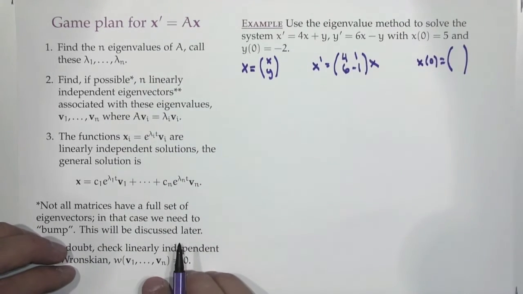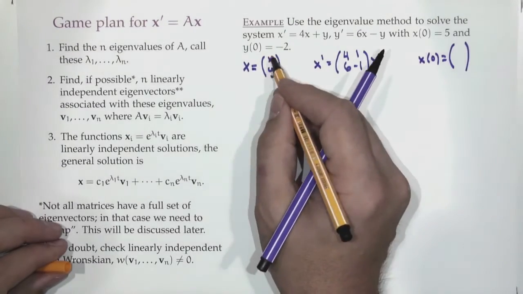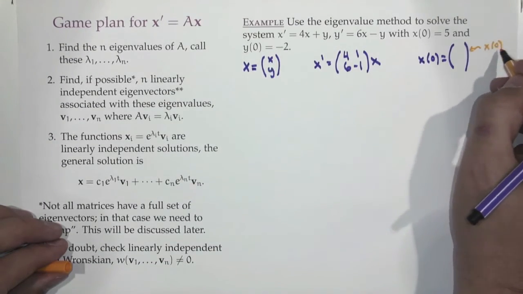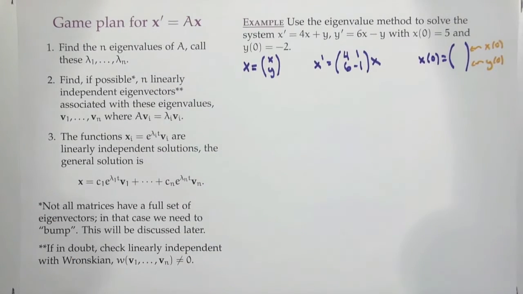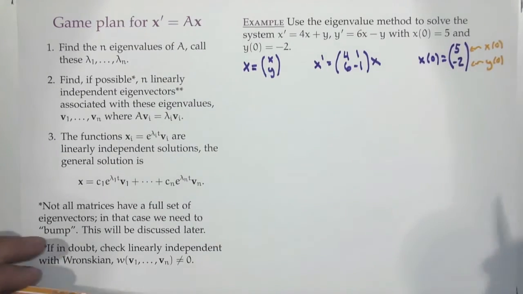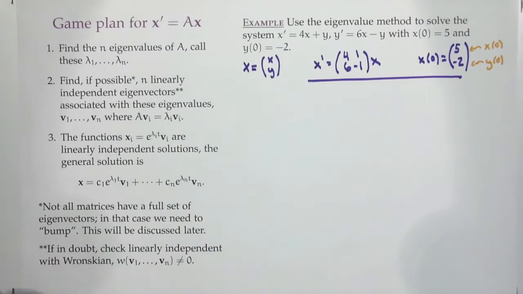What's the vector? So remember, x is really stacking our pieces. So this entry will be your x of 0, and this entry will be your y of 0. So 5, negative 2. All right, so this is the restatement.